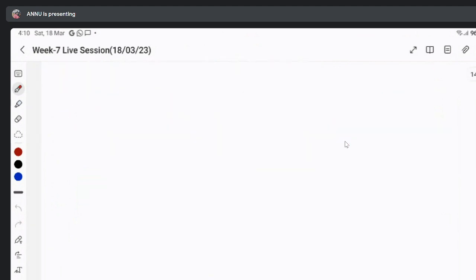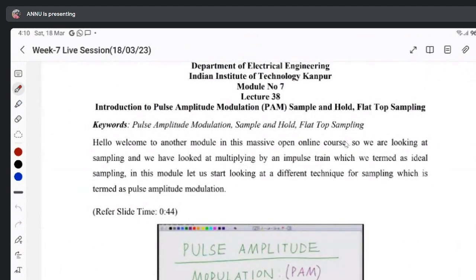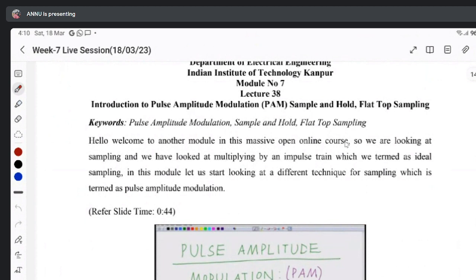So in this week, the professor has introduced pulse amplitude modulation, sample and hold circuit, and flat top sampling. In the last week we saw impulse sampling and how flat top sampling is different from impulse sampling.